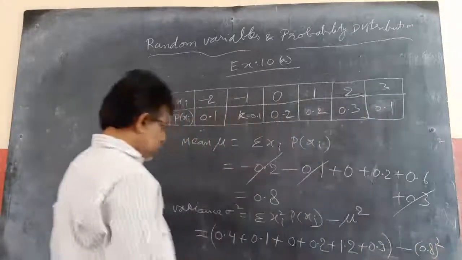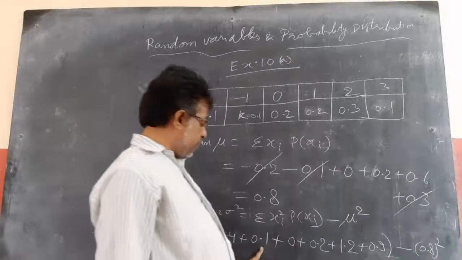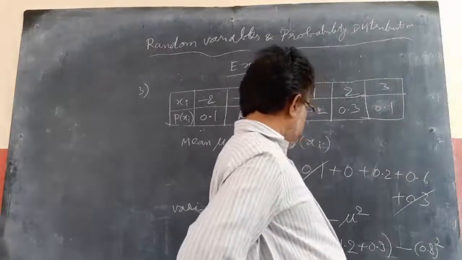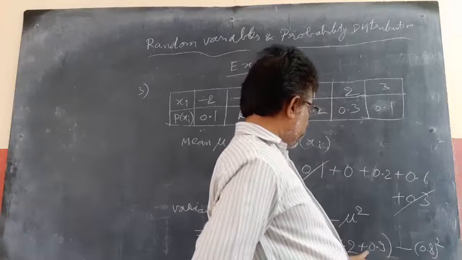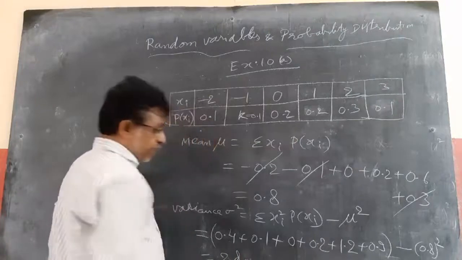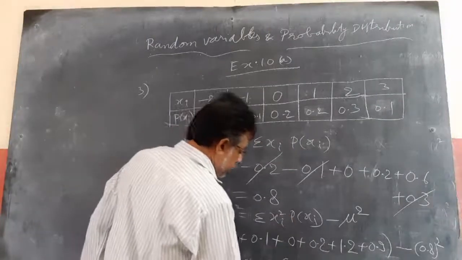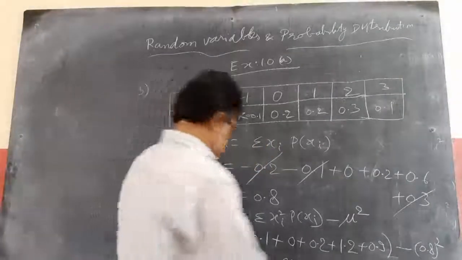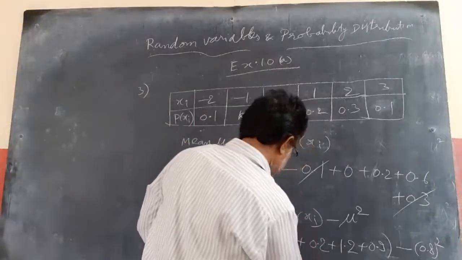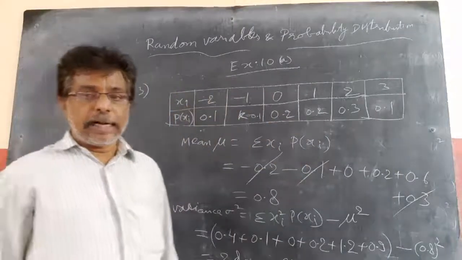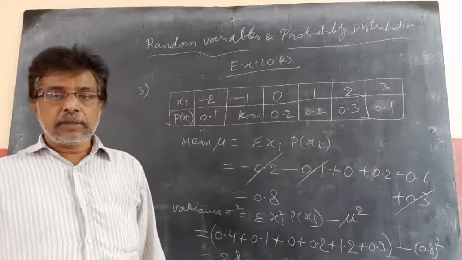This is 0.4 plus 0.1 is 0.5, plus 0.2 is 0.7, plus 1.2 is 1.9, plus 0.9 is 2.8. 2.8 minus 0.8 whole square, which is 0.64. So this is 2.16. 2.16 is the variance.